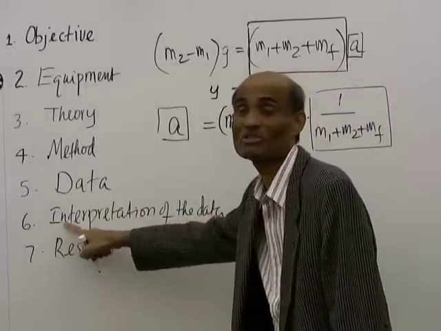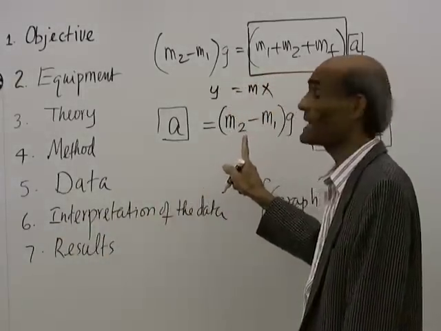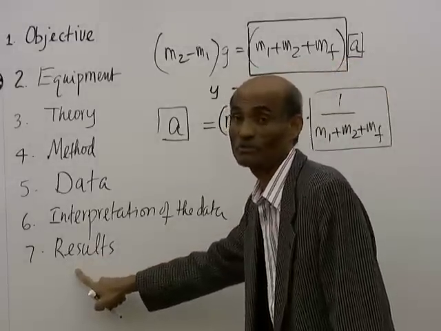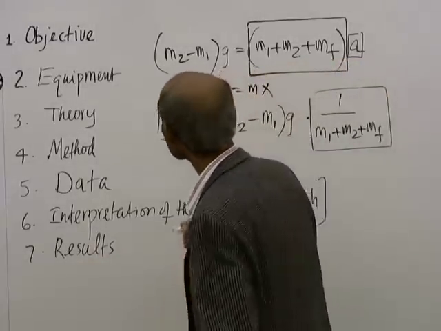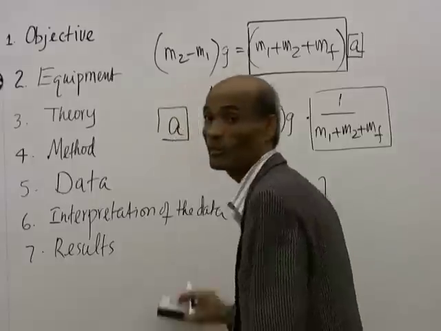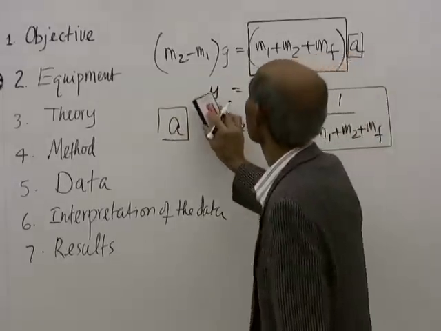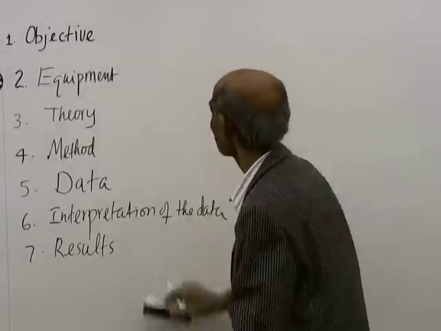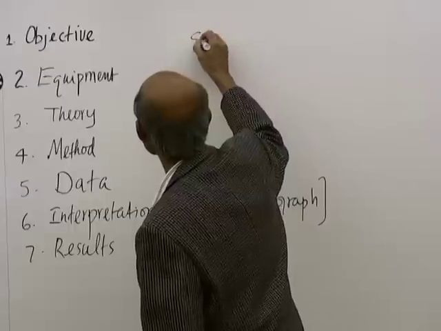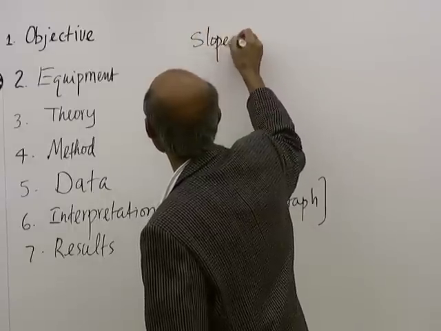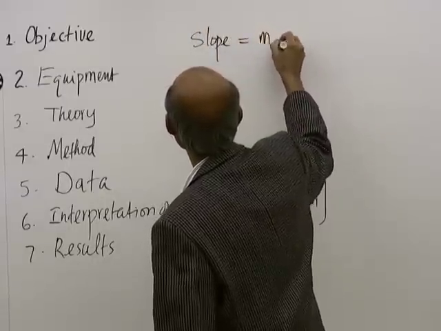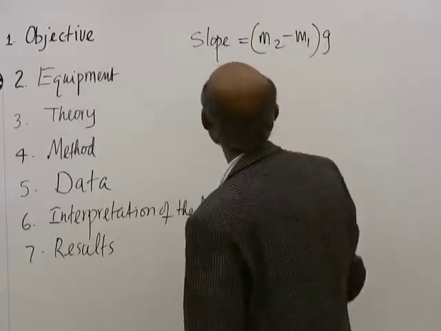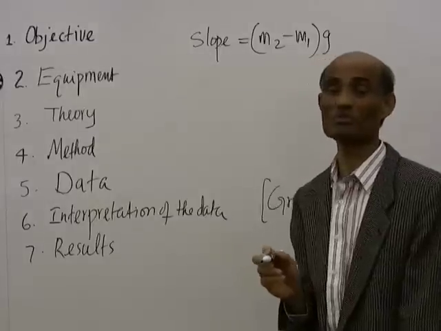In the interpretation, you have now obtained the slope. And so, in the results, you must start like this. You must say, slope of the graph, in this case, must be equal to (m2 minus m1) times g.